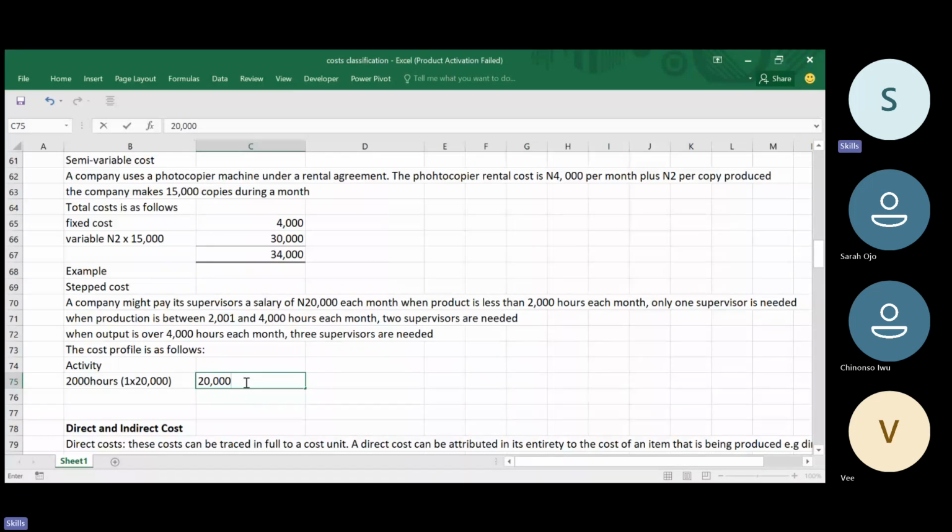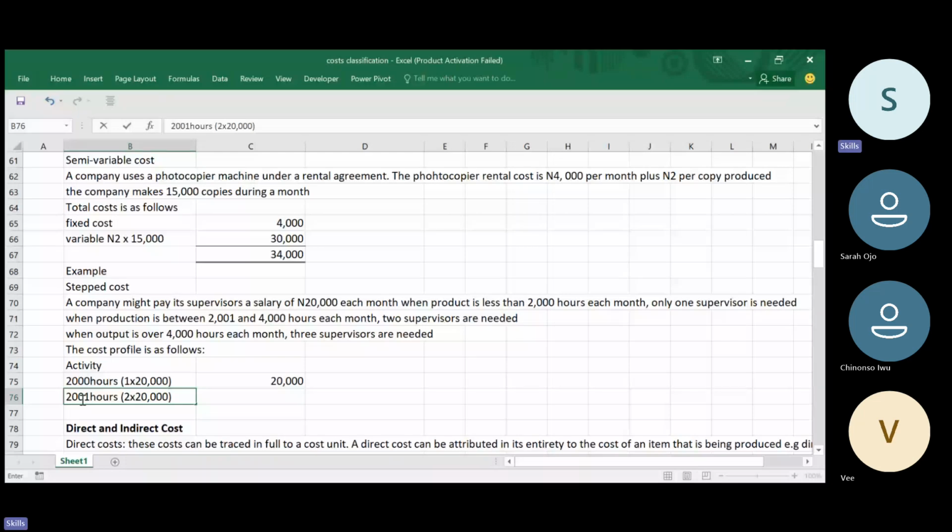Then when it is above 2,000 hours, when the production is 2001, 2 supervisors will be needed. So for 2001 hours, it is 2 supervisors that will be needed at 20,000 each.